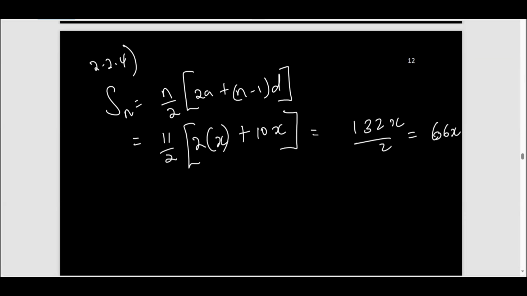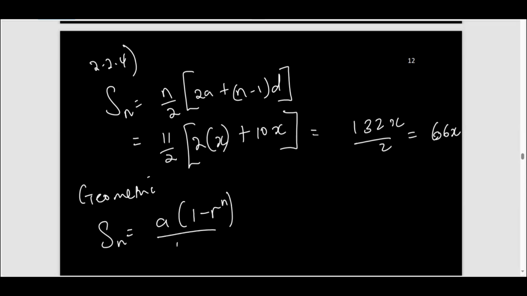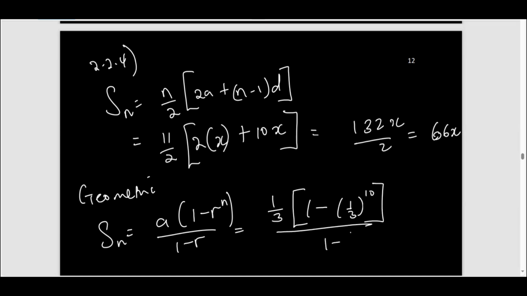Okay. Then let's look at the geometric. We know that the Sn is given as a into 1 minus r to the n over 1 minus r. So if the first term was 1 over 3 into 1 minus 1 over 3 to the exponent of 10, over 1 minus 1 over 3.